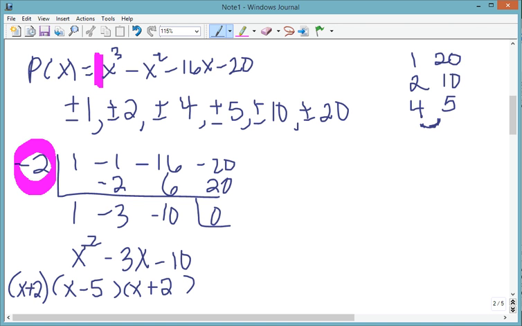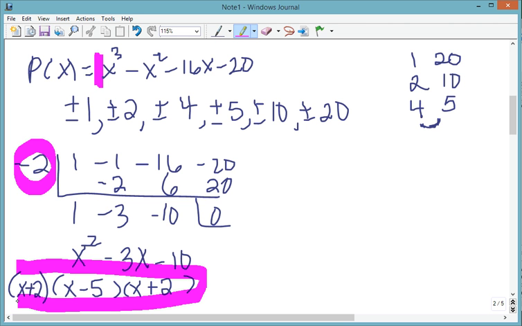Alright, so there's my polynomial factored, right? And that means that I've got a 0 at -2 with multiplicity of 2, and I have a 0 at 5 with multiplicity of 1.